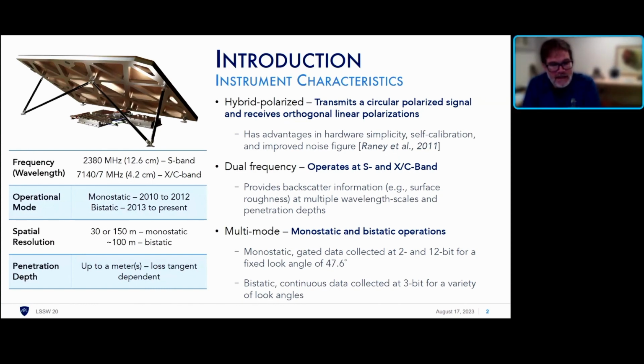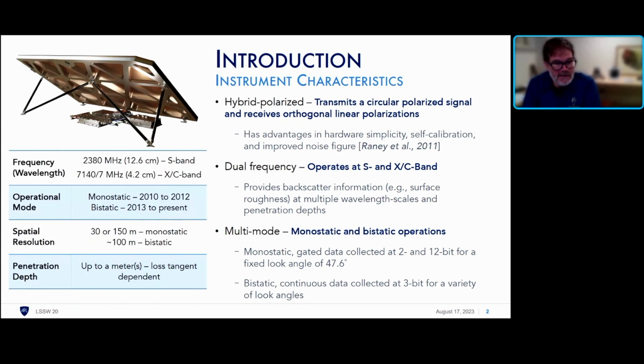In that monostatic mode, it could operate in a 2-bit or 12-bit mode with a fixed look angle. So we could use compressed or uncompressed data. In bistatic, we use only compressed data, 3-bit, at a variety of look angles. And this is so that we can get into the configurations we need to collect data.